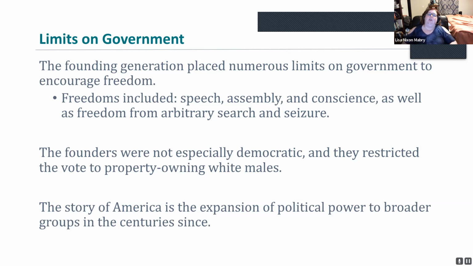They were not like that. Because they were old white men. And so there were still a lot of limits, such as you had to be a white male and you had to own property to be able to vote. That's jacked up, right? Not everybody's got money to own property.